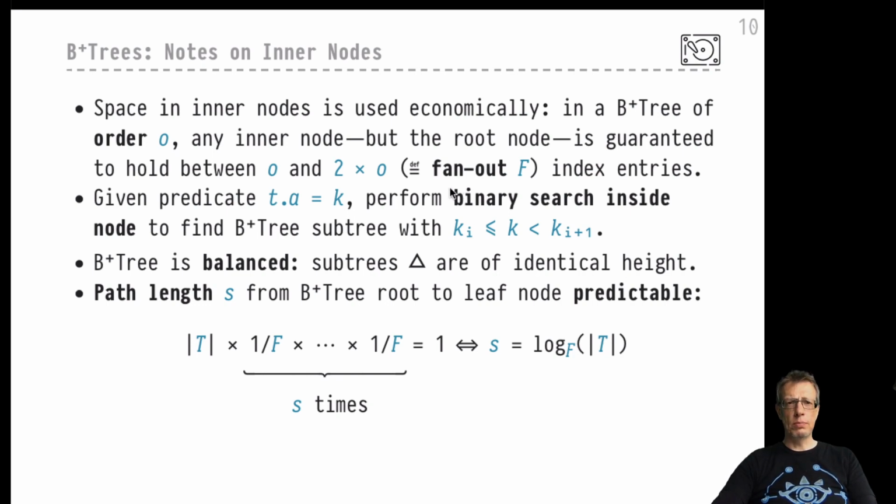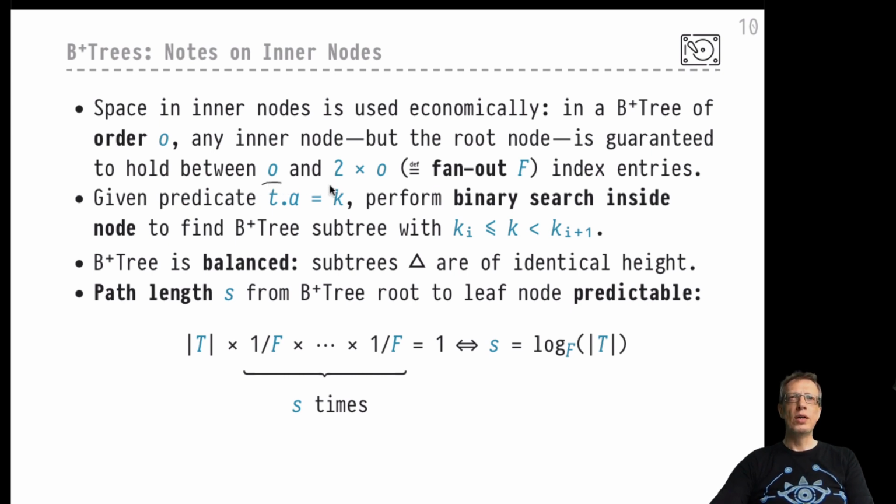All right, so the B+Tree tries to use space economically. Nodes in a B+Tree are allocated in 8 kilobyte granularity. We won't allocate such a node without really using it to a useful degree. And the useful degree is defined by this parameter O.